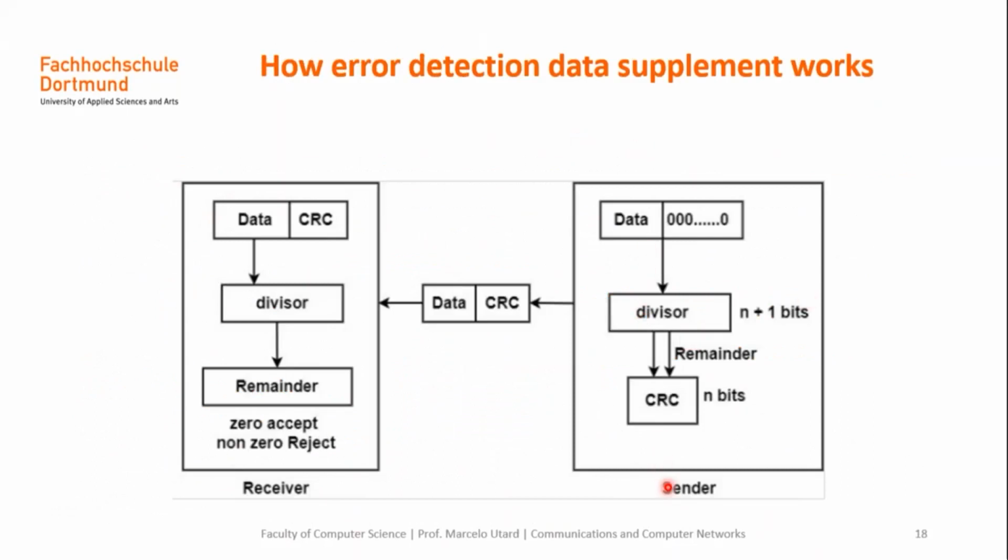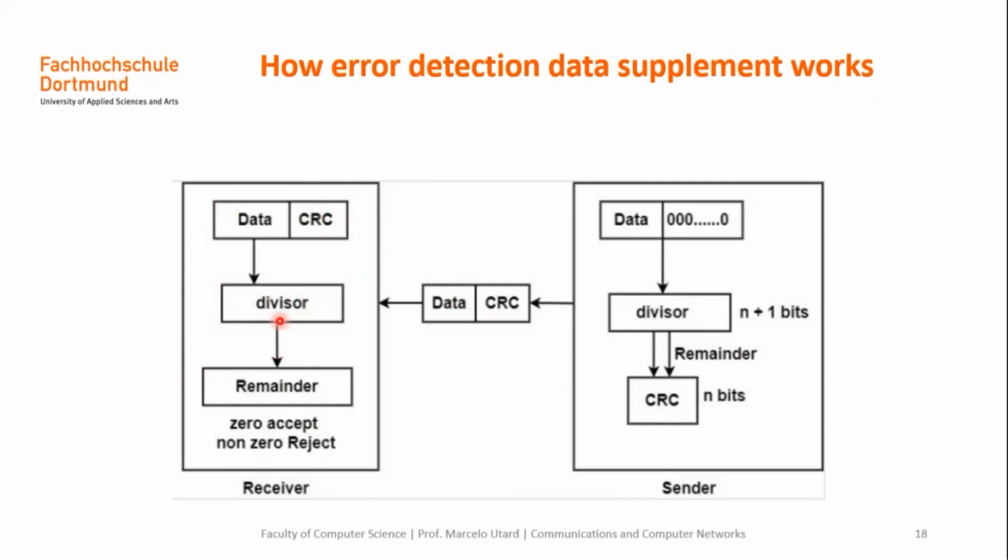On the sender side, we calculate the CRC and append the CRC bits to the data. With the CRC and the data on the receiver side, we calculate the check, the division of this bit chain by this divisor pattern generator.